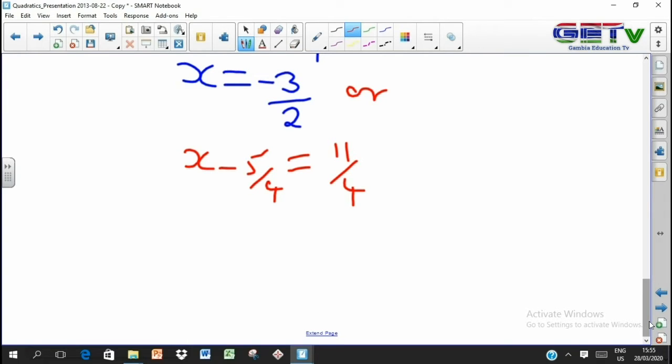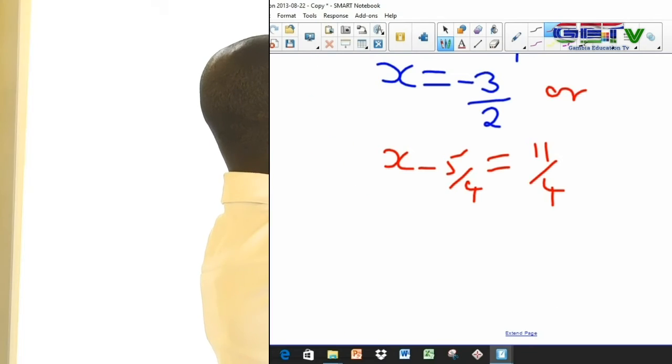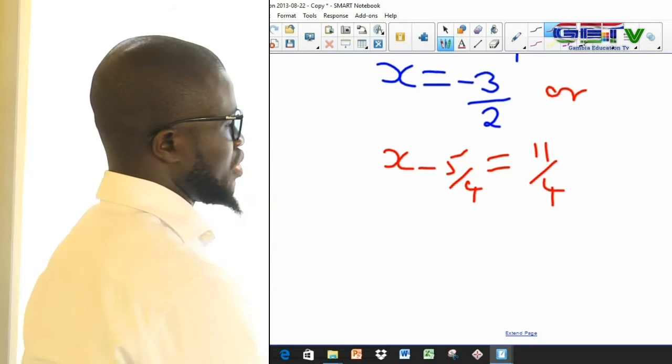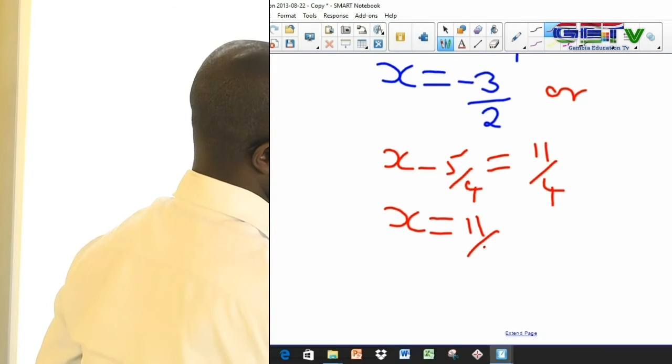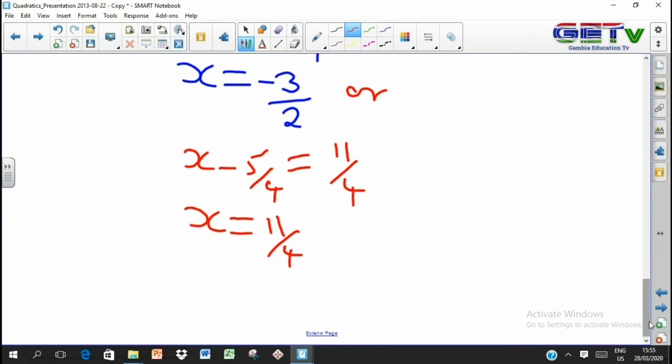The same thing we did in the first one is the same process that we are going to do here. We collect the like terms. In doing so, we are going to transpose negative 5 over 4 to the right-hand side of the equation. So x will be equals to 11 over 4, and if you transpose negative 5 over 4 to the right-hand side, it will give us plus 5 over 4.